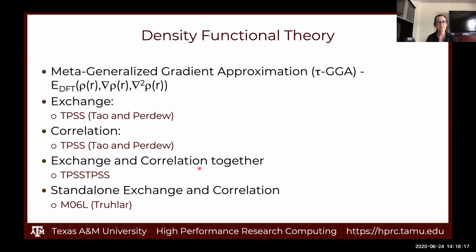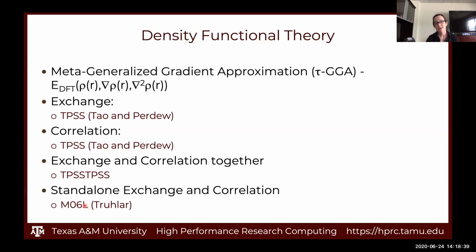Here's the fun part. The keyword is TPSSTPSS, but when they report it in the literature, they just say TPSS. Okay, so often there's a difference between the functional that's reported in the literature and the actual keyword in the way that you call it in the program that you're using. So don't be surprised if you run into that.